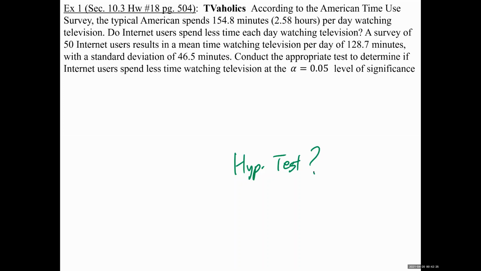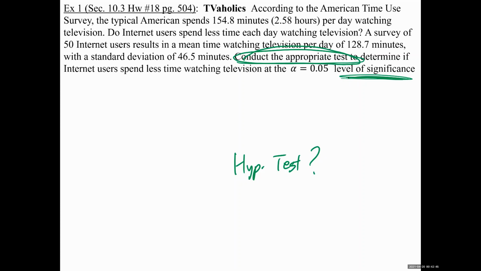I mean, obviously, if it says perform a hypothesis test, you know it's a hypothesis test problem. They don't always say that. They do use the word test, like conduct the appropriate test. So that's a little bit of a hint that it's a hypothesis test. They say level of significance. That's a big one, because level of significance only shows up when you're doing a hypothesis test.